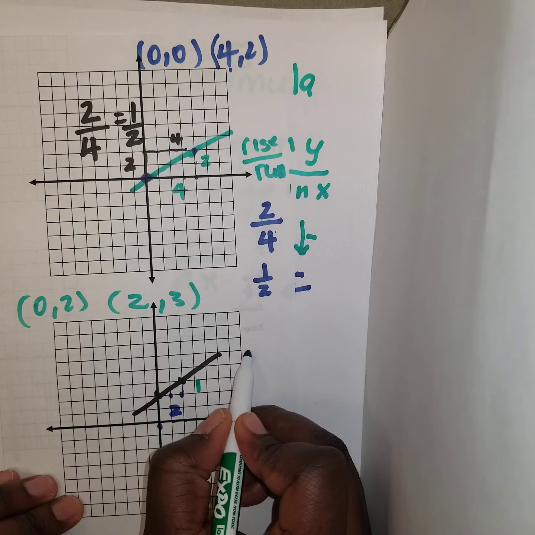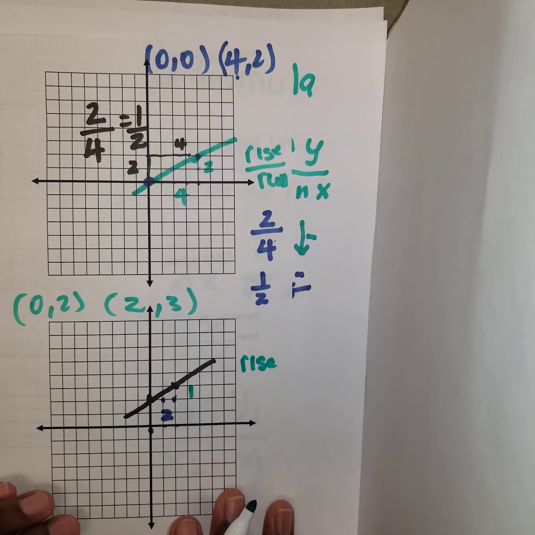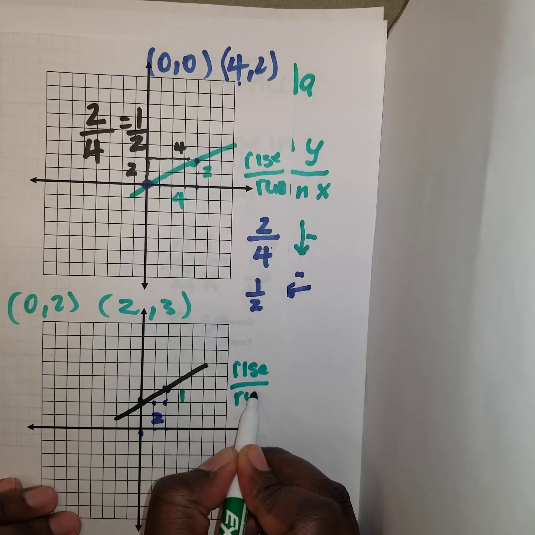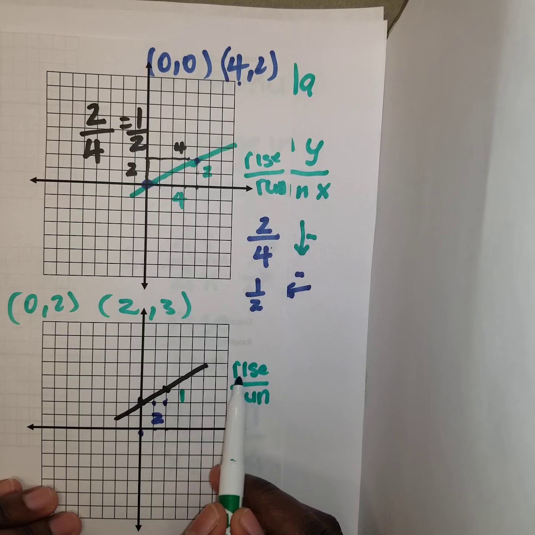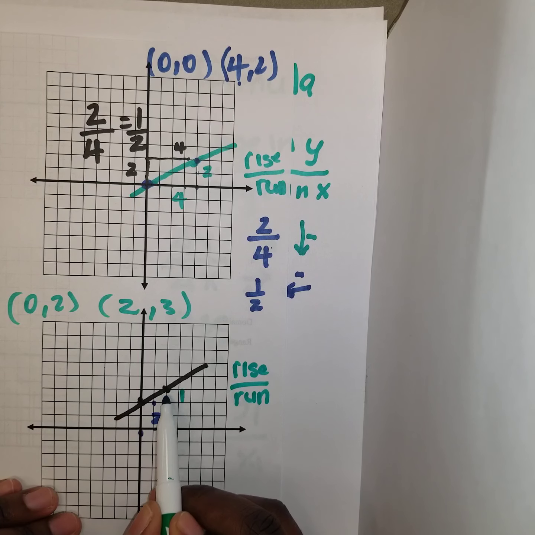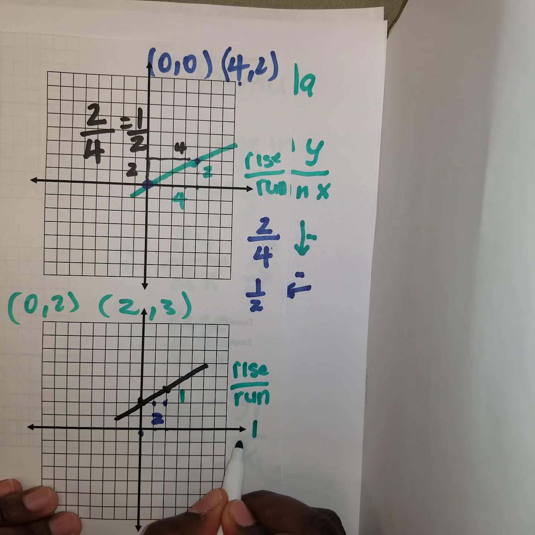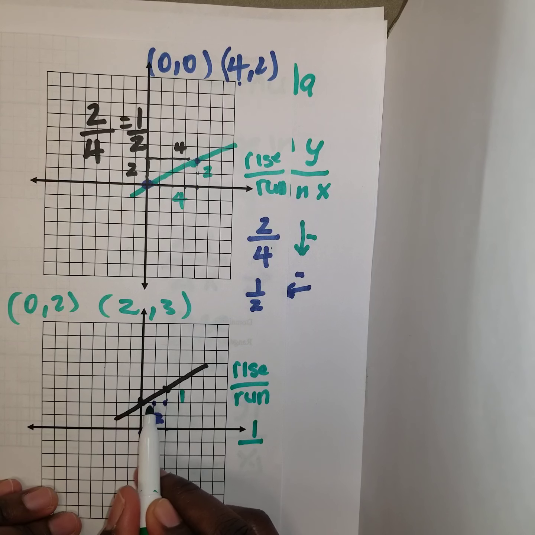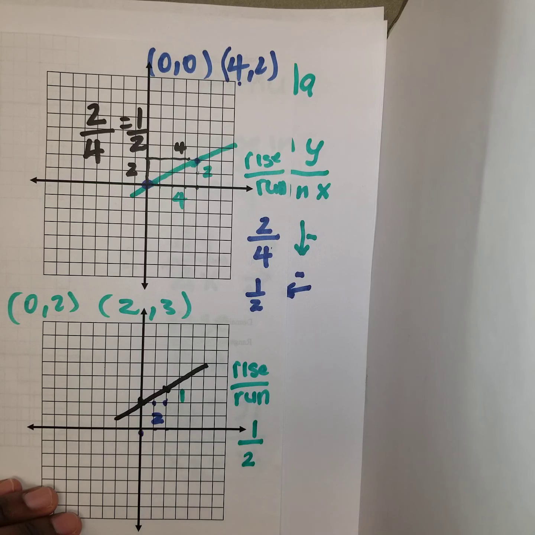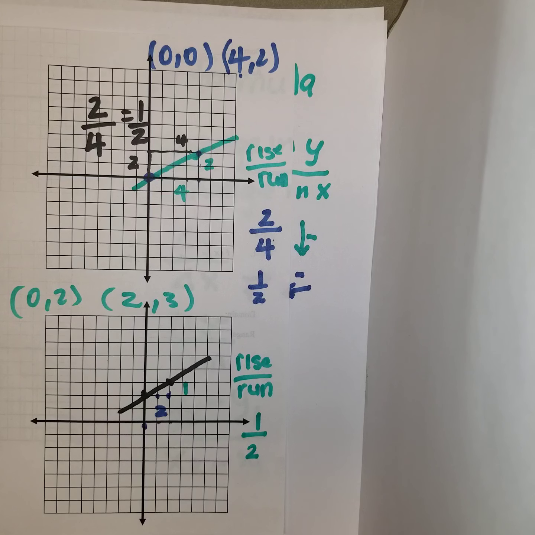And remember the formula says rise over run. Rise, the vertical. How many did you go upwards? 1. Run, the horizontal. How many did you go sideways? 2. And again, your slope is a half.